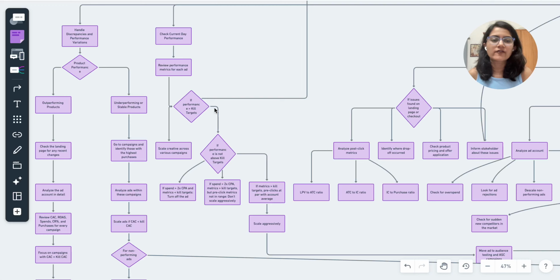So by 12 at noon, I'll look into the ad account once and check the current day's performance. I'll review the performance metrics of each newly launched ad, or the ads that have very high spends. If their performance is not aligned, then I'll go ahead and repeat the spends.